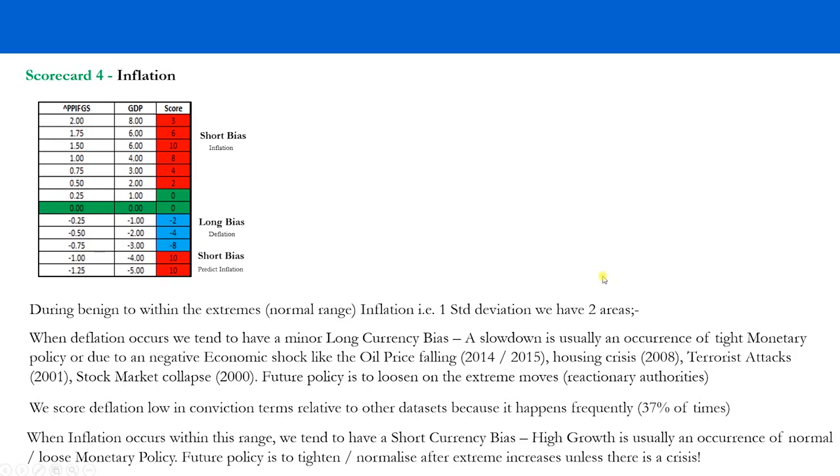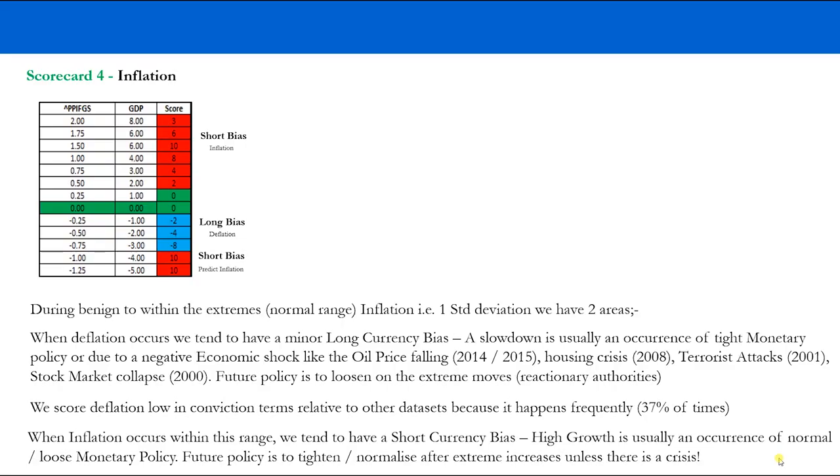So let's have a look at our scorecard analysis and go through the basics of our scoring system. So again, this systematic scorecarding process, how we go through the entire breakdown, how we score things, this should be becoming fairly familiar to you now.